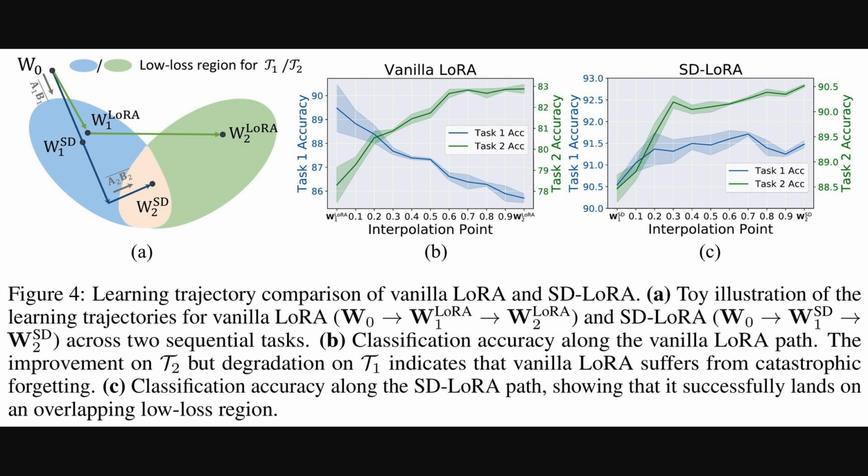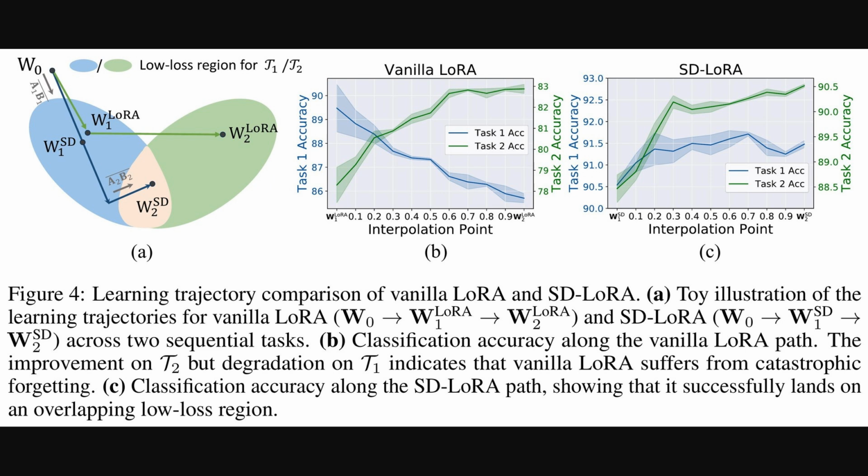So, this next figure really brings home how Scalable Decoupled Low-Rank Adaptation avoids forgetting. Part A illustrates the learning trajectory. That's the path the model's internal settings take as it learns. You see, Scalable Decoupled Low-Rank Adaptation guides the model towards an overlapping low-loss region, an area of settings where the model makes few errors on both old and new tasks.